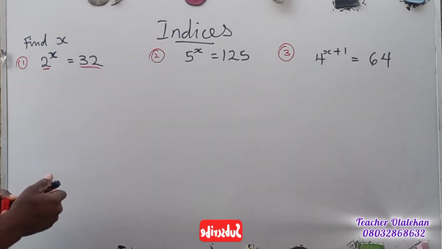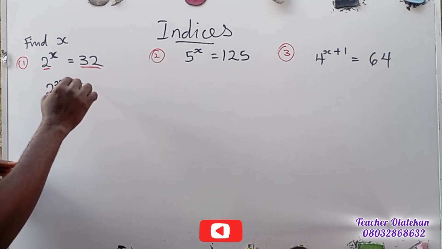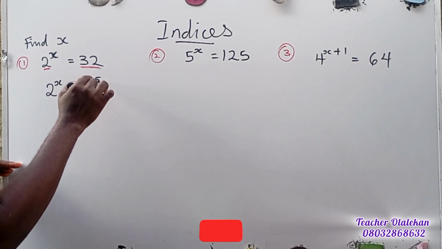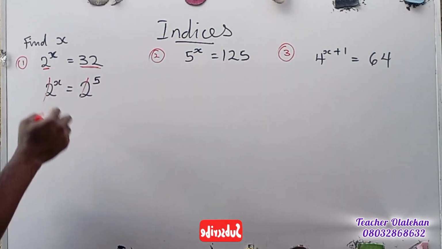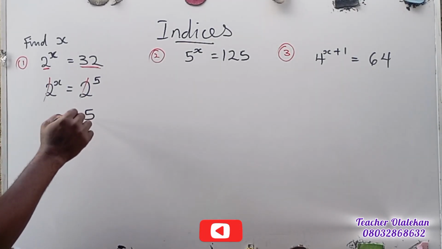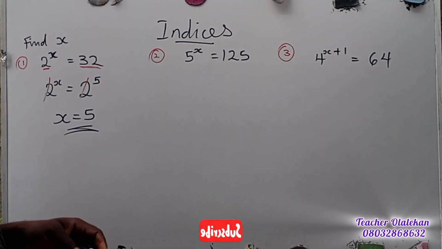So that is going to be 2 exponent x is equal to 2 exponent 5. In this case, we eliminate the base, 2 cancel 2. Then our x will be equal to 5. So this is how to solve when you have your exponent unknown.